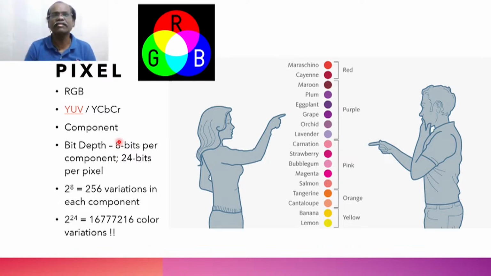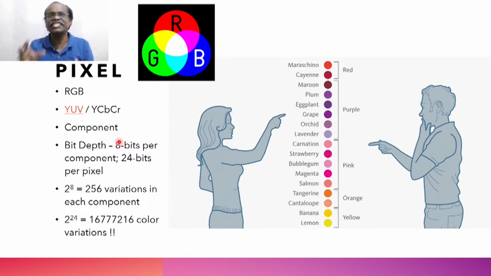16 million colors. Why is it required? Why is that many combinations required? Come on, I have given a figure now. See the figure. You look at the boy's side and the girl's side. Who can identify more colors? Naturally, by design, nature has given a perfect design for ladies and for gents.